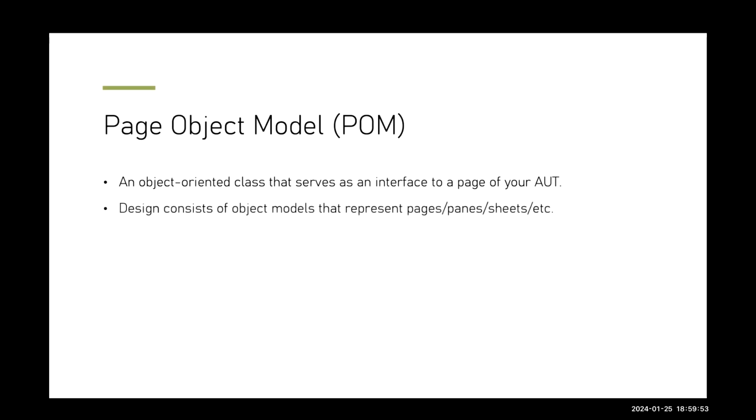So let's talk a little bit about what page object means. So page object model, and this definition comes directly from Selenium's documentation, is an object-oriented class that serves as an interface for your application to the test. Its design consists of object models representing pages, sheets, panes, whatever you want to call them. Each page object has functions tied to it to interact with that UI.